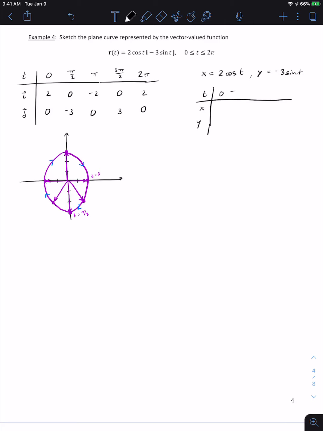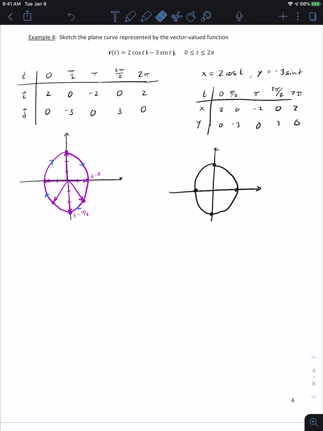I'd still get the same points: 2, 0, 0, negative 3, negative 2, 0, 0, 3, 2, 0, for t equals 0, pi over 2, pi, 3 pi over 2, 2 pi. And when I drew the graph, it would still be the exact same graph. The only difference is we lose this idea of having vectors instead of points.